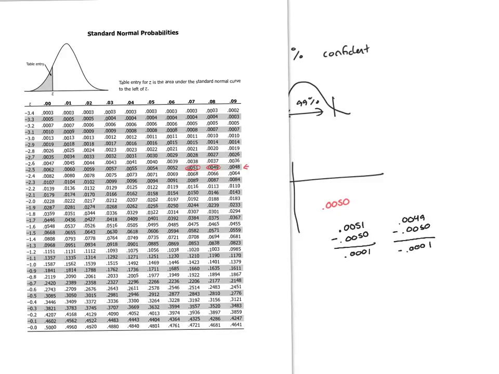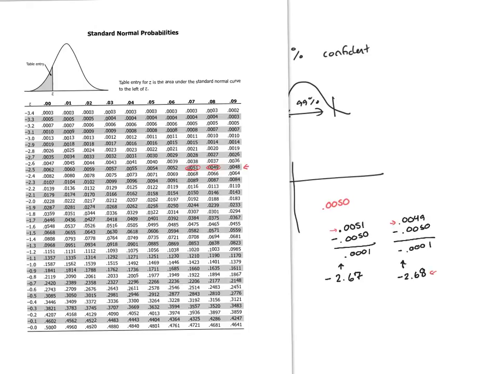So tracing 0.0051 over and out, I'm going to get negative 2.67. Tracing this one out right here, I'm going to get negative 2.68. So that is, once again, when I trace 0.0051 out, I get negative 2.67, and when I trace 0.0049 out, I get negative 2.68.